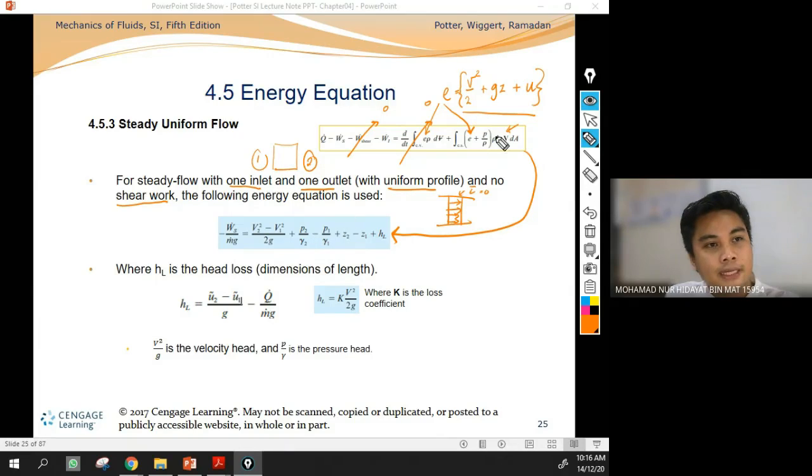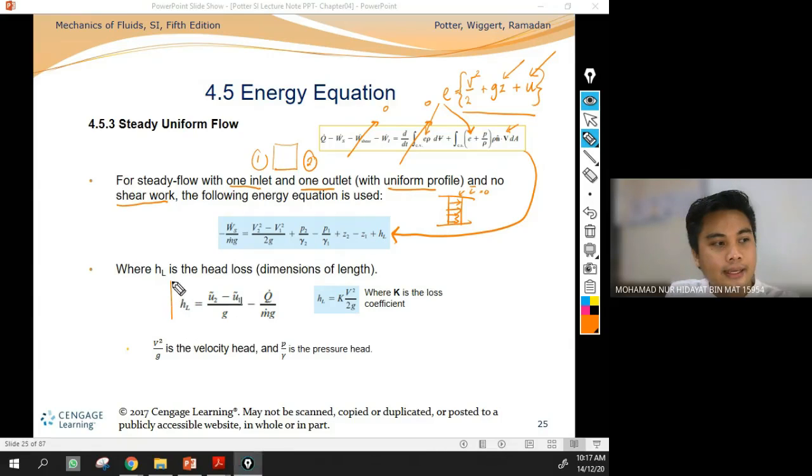We have the pressure component, P2 minus P1, plus Z2 minus Z1, remember we have the Z component here, plus HL. Head loss is basically coming from this one, internal energy.